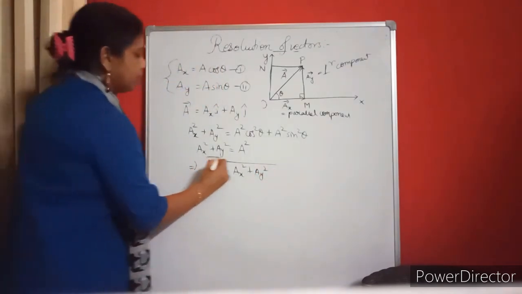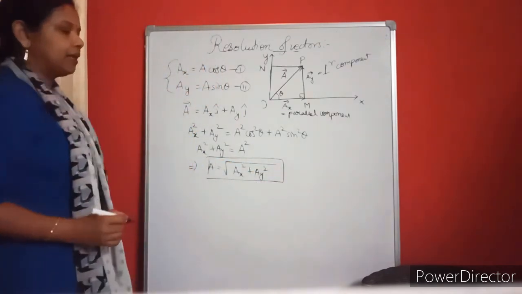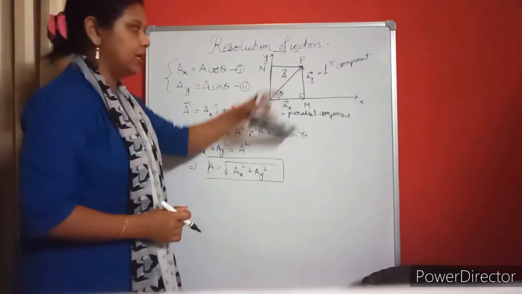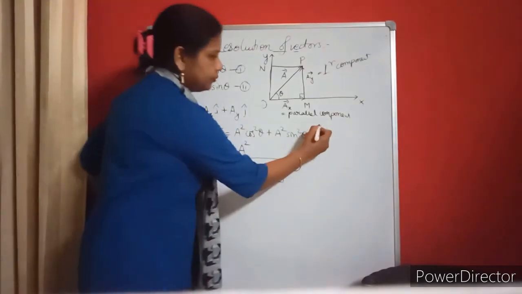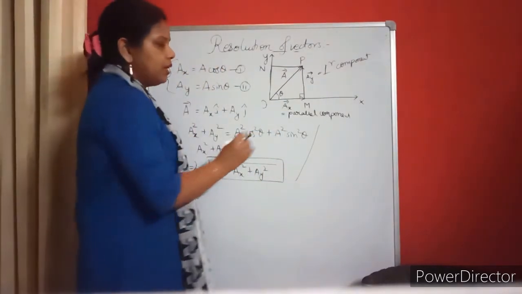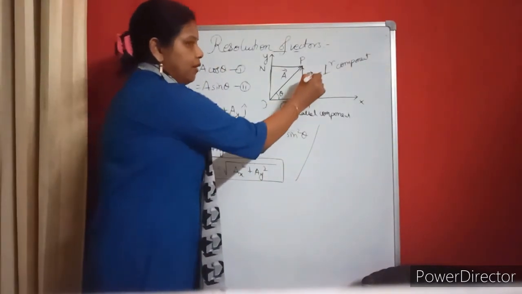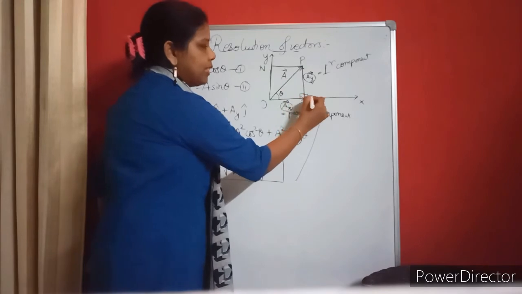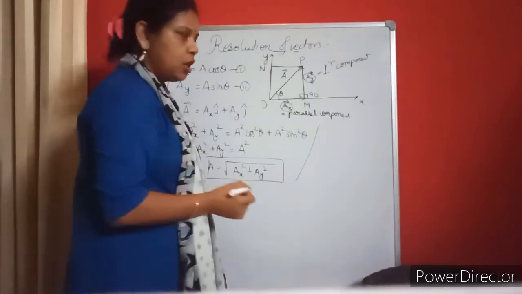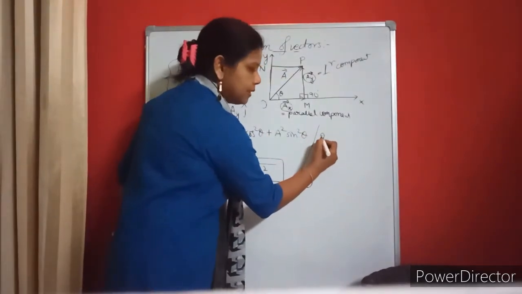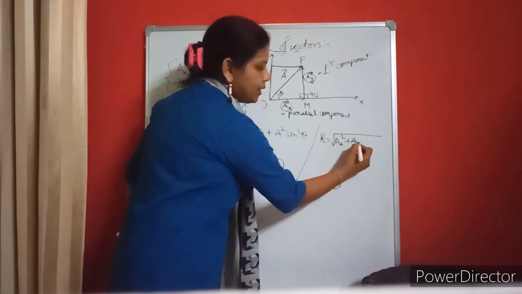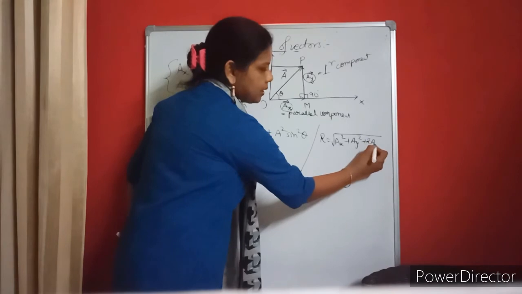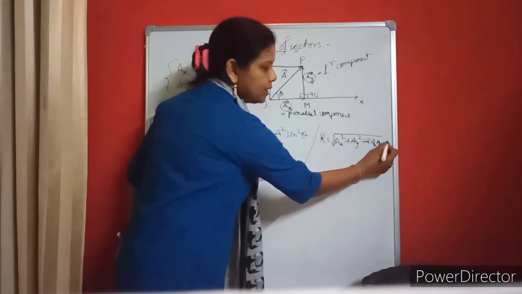So this is the magnitude of the resultant A. I will tell you something here. If AX is one vector, AY is another vector, what is the angle between them? 90 degree or not? Yes, 90 degree. What is the parallelogram law? Resultant equals to, how will I get? AX square, AY square, twice AX AY cos of 90 will come or not?